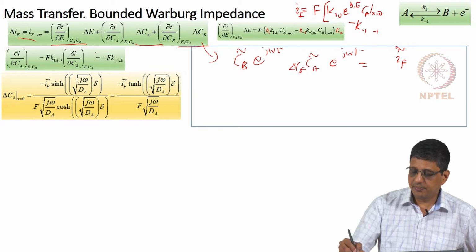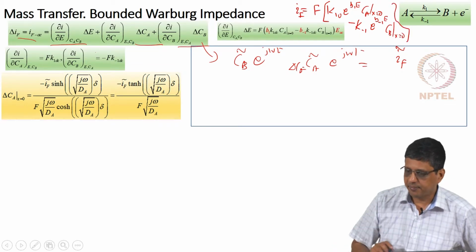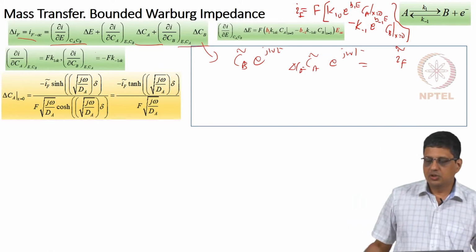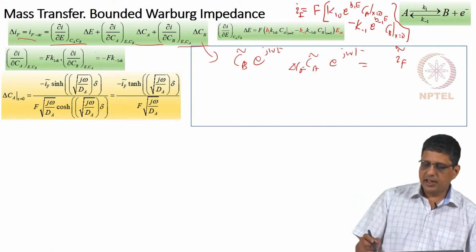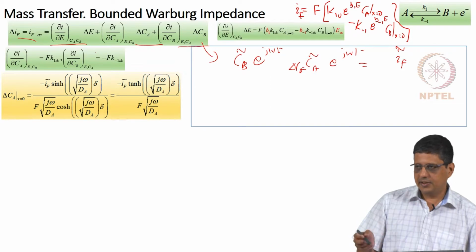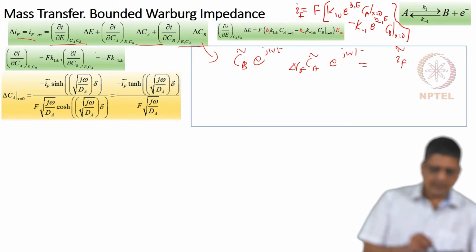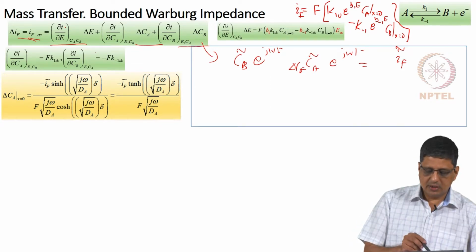I am sorry, it's e power. So, from this we saw that IF can be written as IF DC plus IF AC, and IF AC can be written as dou I by dou E.